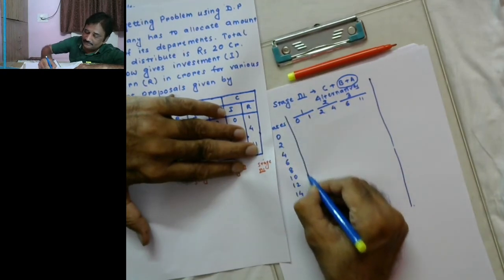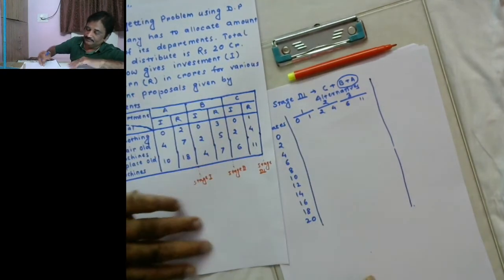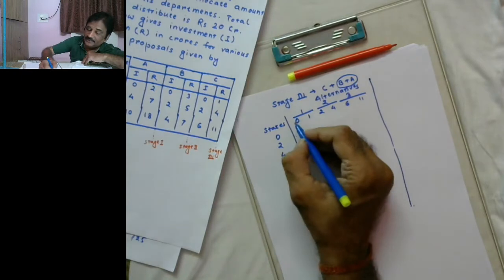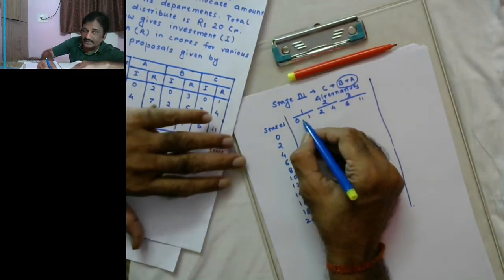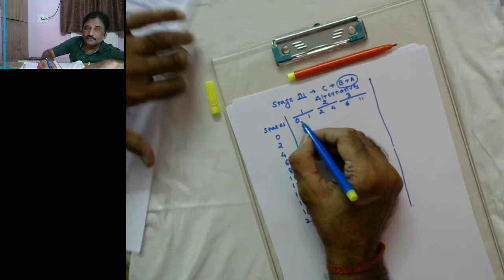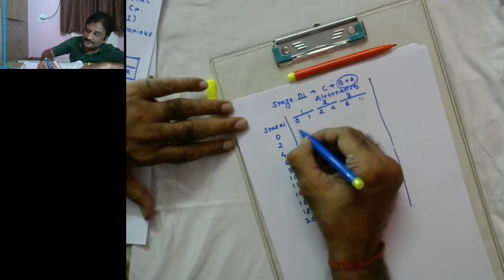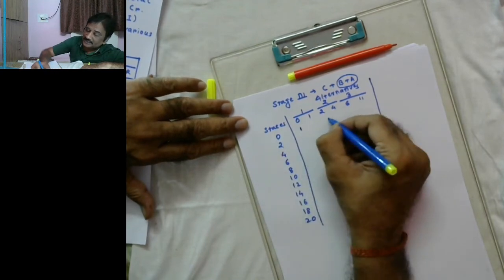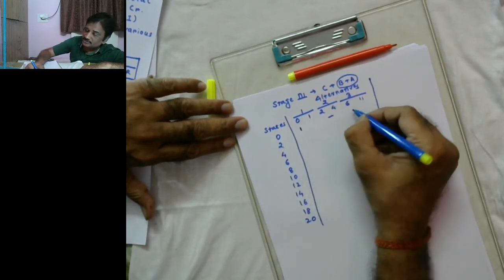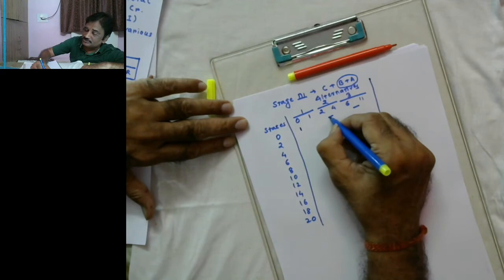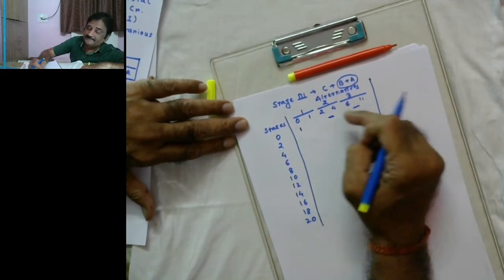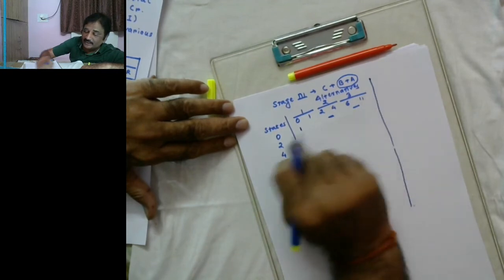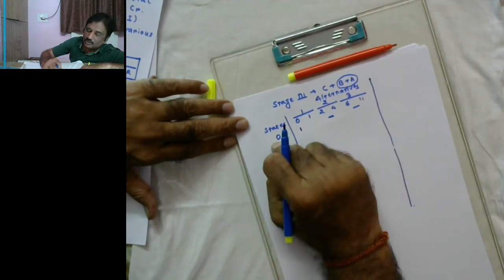So here, if I have 0 crore and I am able to choose the first alternative, the return will be 1 crore. Second alternative I am not able to choose, and third also I am not able to choose, because both these alternatives require more investment, and I am assuming I have 0 crore only.